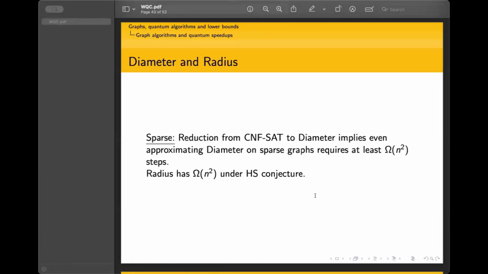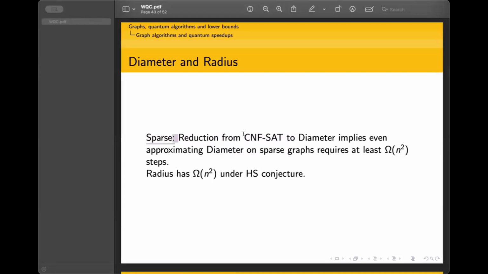Okay, so it has been actually shown that for sparse graphs, where APSP takes n squared time, diameter cannot be solved faster than n squared. This is by a reduction from CNF-SAT, the so-called conjunctive normal form satisfiability problem, which, under the strong exponential time hypothesis, cannot be solved faster than via exhaustive search, which takes exponential time.